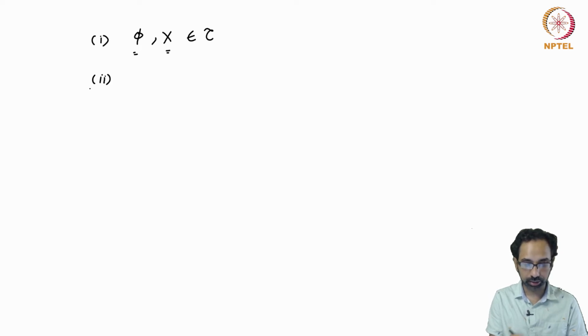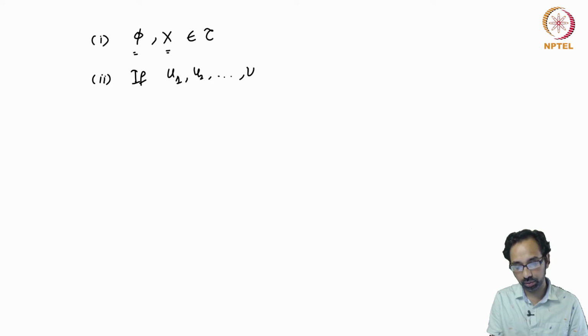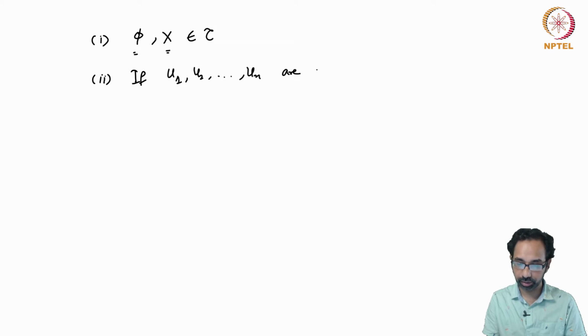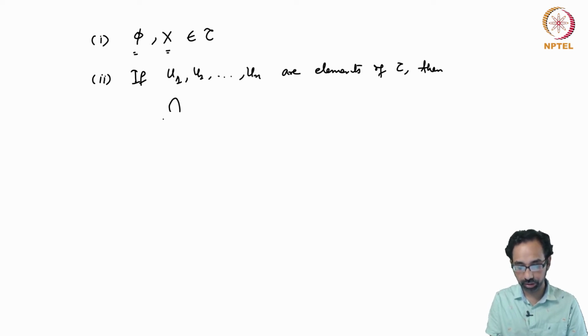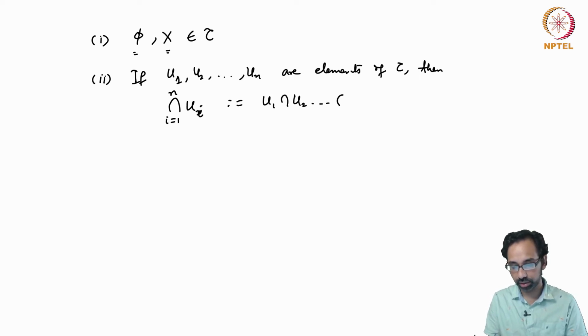The second property that it should satisfy is that if u1, u2, up to un are elements of tau, then the intersection, which is now a finite intersection, which I write like this, is just u1 intersection u2 up to un.